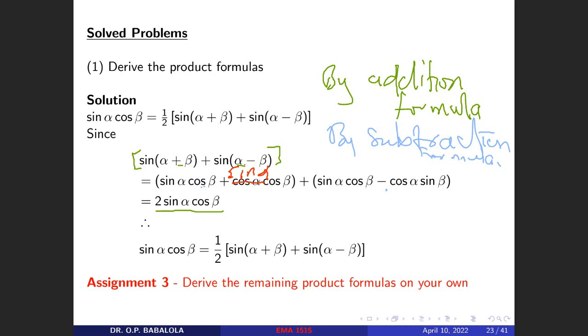If you don't understand, please indicate, because you will be deriving the remaining product formulas on your own.